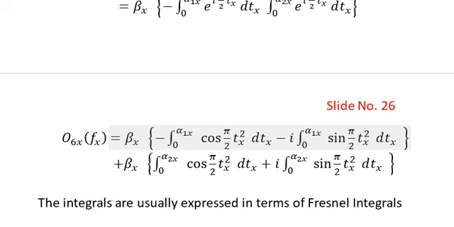So for one integral we have written beta x equal to this. You can see that we have represented the exponential as cos of pi by 2 tx square dtx, and then minus iota times sine of pi by 2 tx square dtx, and we have shown the other integral also.